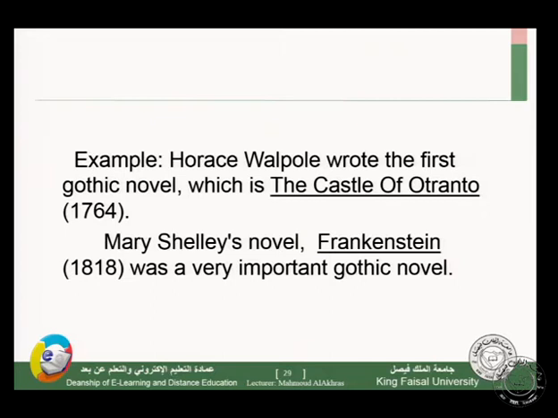For example, Horace Walpole wrote the first Gothic novel, The Castle of Otranto, which was written in 1764. Mary Shelley's novel Frankenstein, which was written in 1818, was a very important Gothic novel. Two examples of Gothic novel: The Castle of Otranto and Frankenstein.